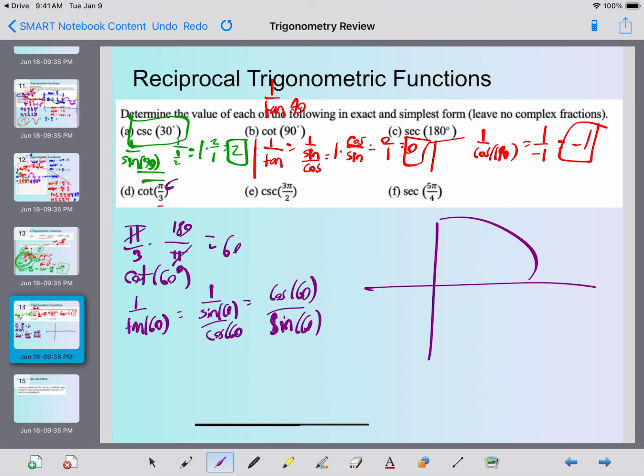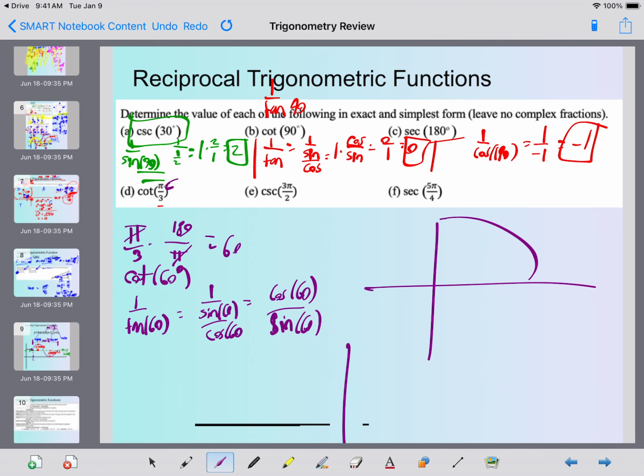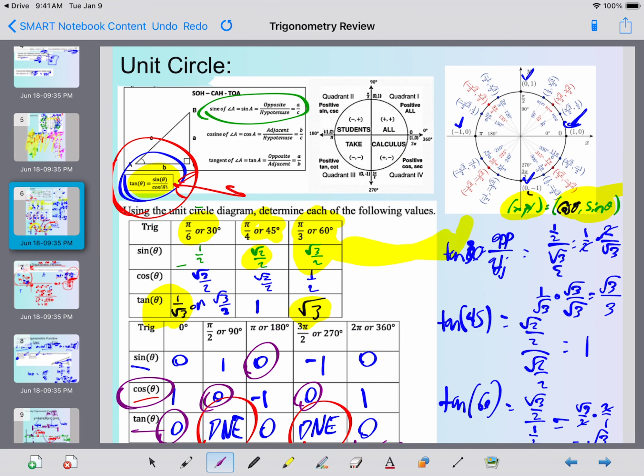If we were to put that on our calculators, right? I mean, if you memorize that chart from before, tangent of 60 was radical 3.